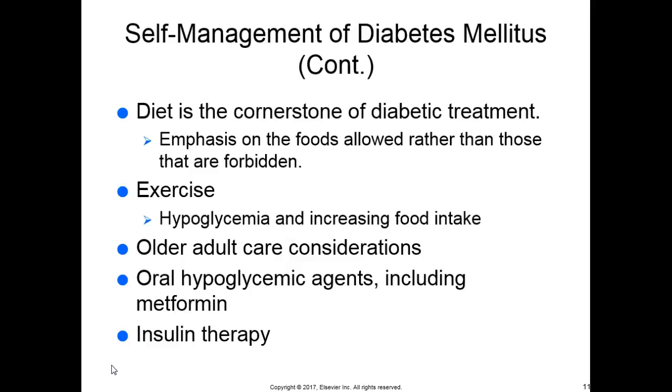I'm pretty sure you've probably talked about this in your pharmacology class, but if a patient's on a sliding scale, it's based on their fingerstick glucose results, and the patient then administers rapid-acting insulin before the meal, and then he eats right away. He shouldn't be taking rapid-acting insulin too far ahead of the meal, or he'll experience hypoglycemia.